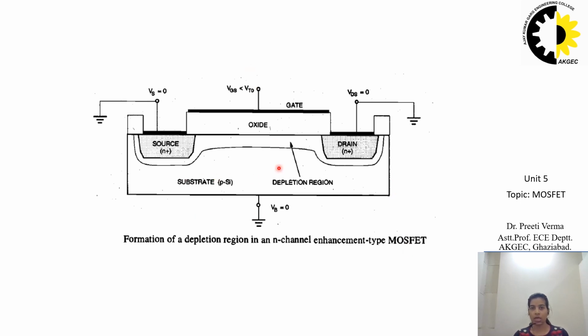So this negative charge will repel the holes from the surface, and a depletion region will be created near the surface. Here the voltage applied on the drain is 0 volts, and on the source also 0 volts, and on the gate we have applied a negative voltage.